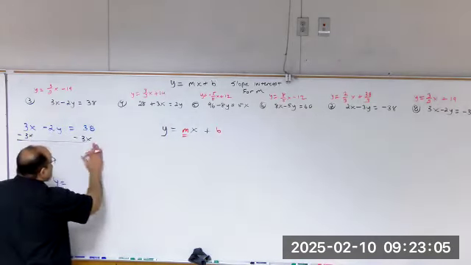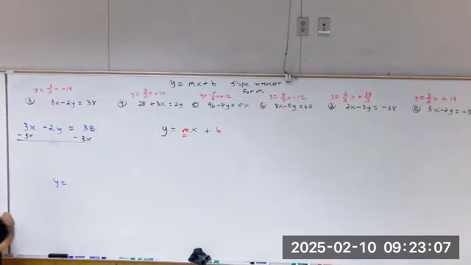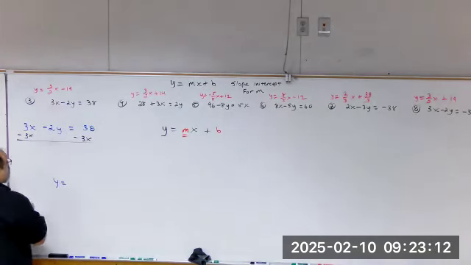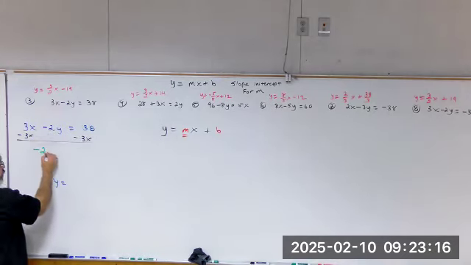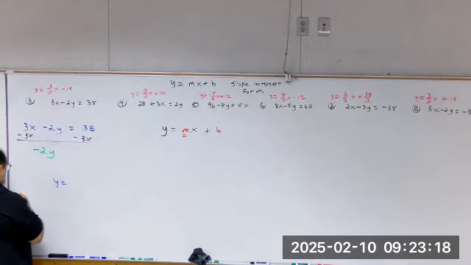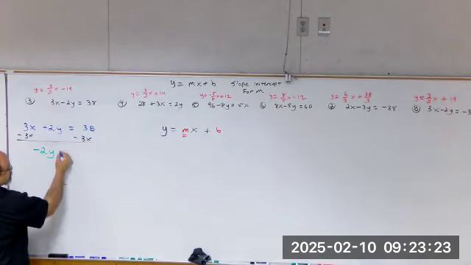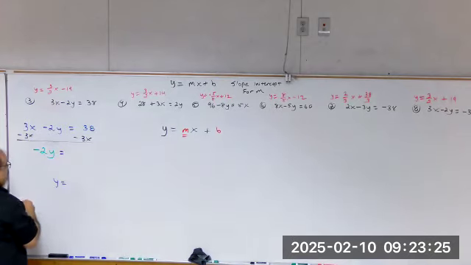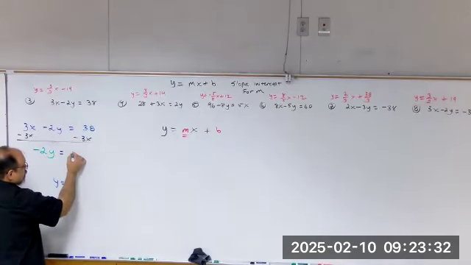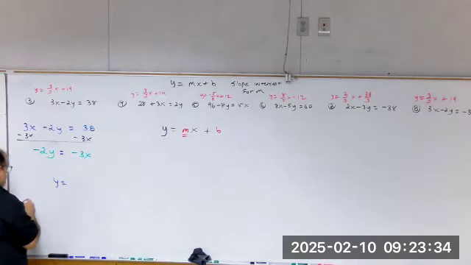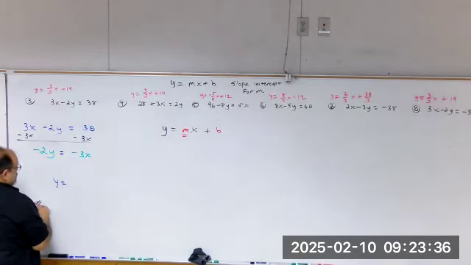So on the left side, it's kind of like taking a little bit of inventory. On the left-hand side, we have this, and don't forget it's a negative 2y. Negative 2 times y equal to, on the right-hand side, we just put this, it's a negative 3x and a positive 38.